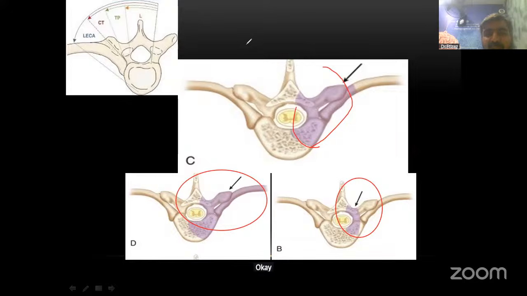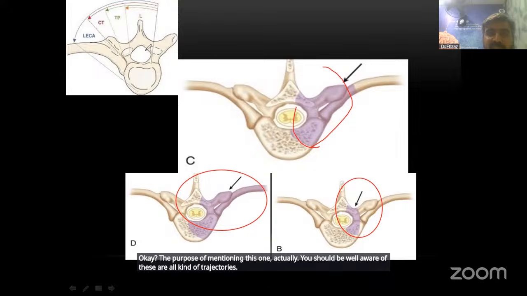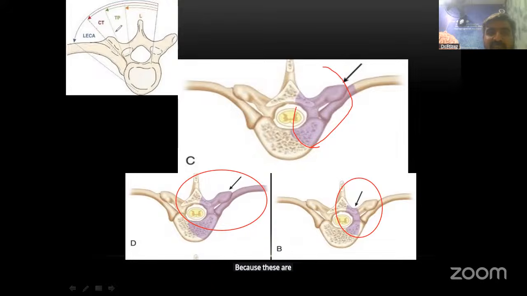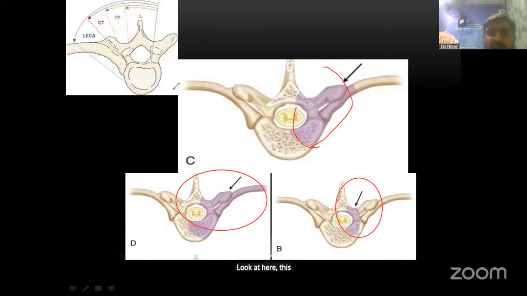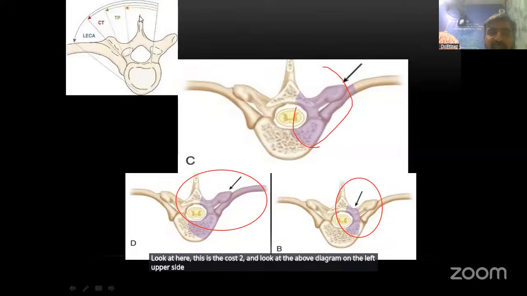The purpose of mentioning this is that you should be well aware of all these kinds of trajectories, because they are somewhat similar, just the direction is changed. Look at the above diagram on the left upper side. We start from the midline. This L shows the midline approach.